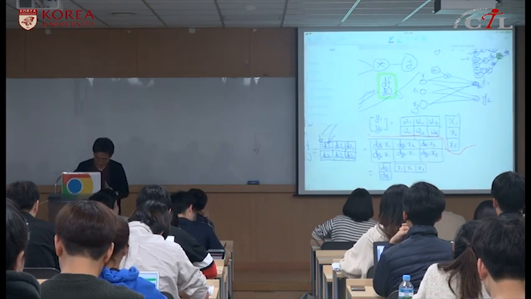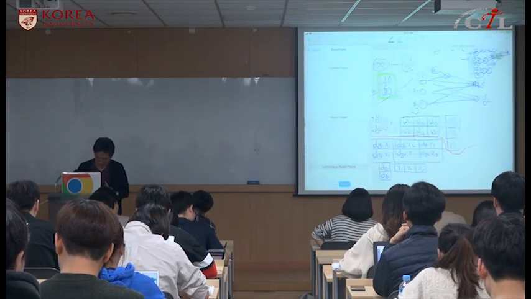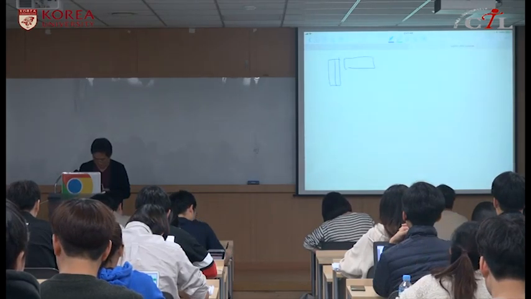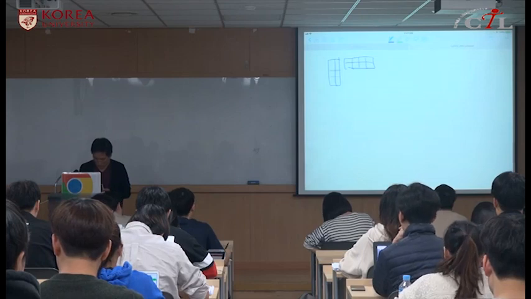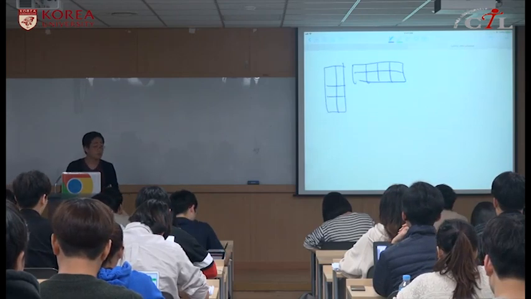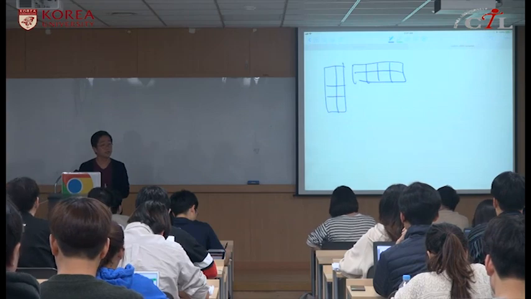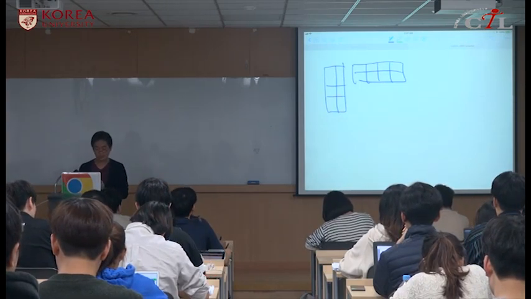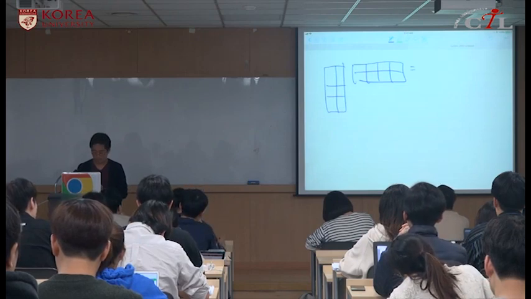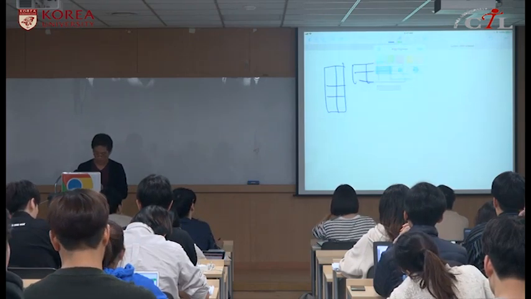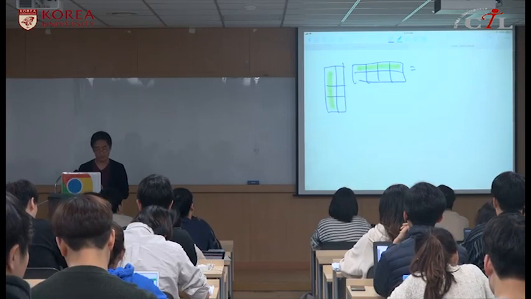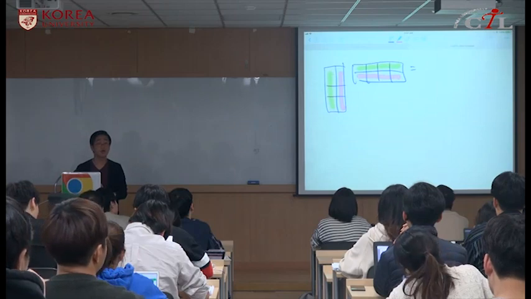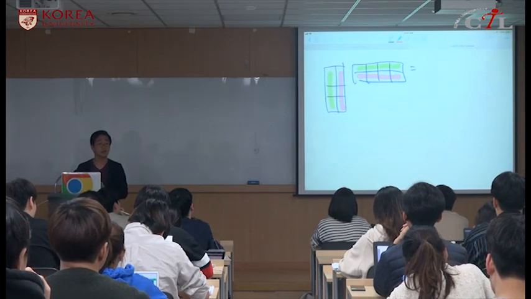Suppose we perform this matrix multiplication where we have 2 columns on the left and 2 rows on the right. This times this, and this times this. Those 2 outer products are added together.